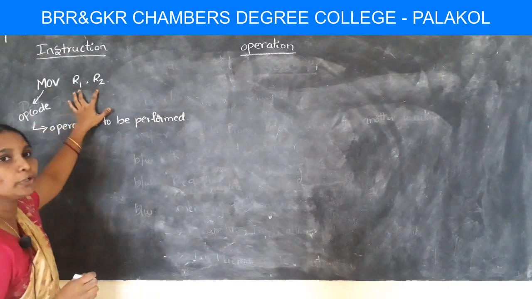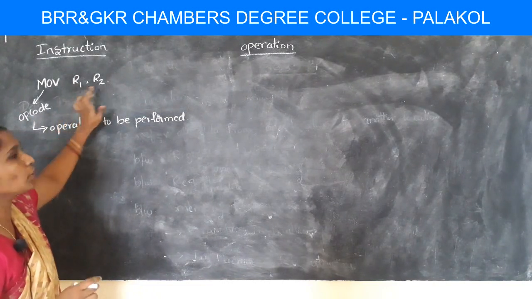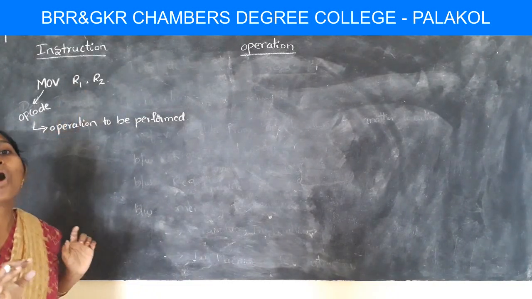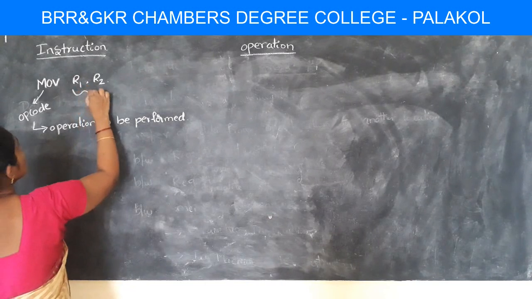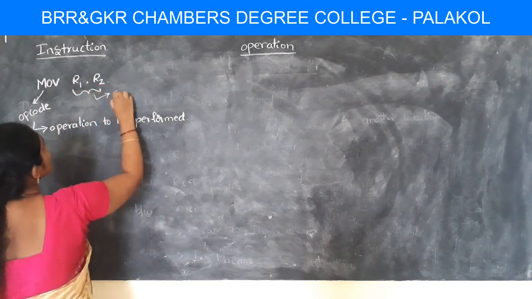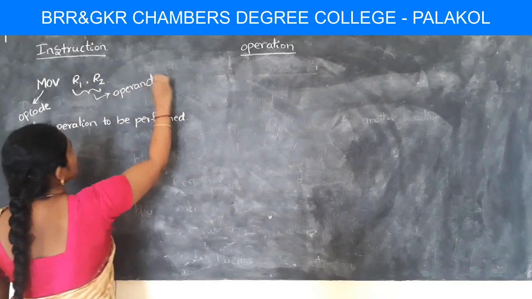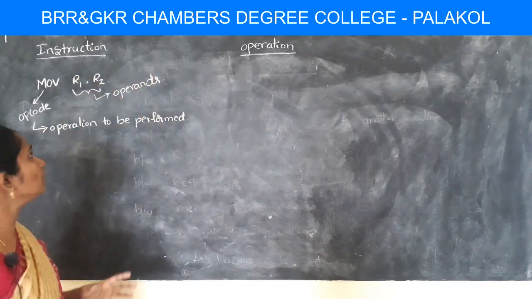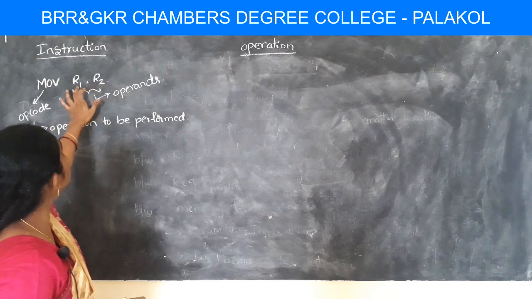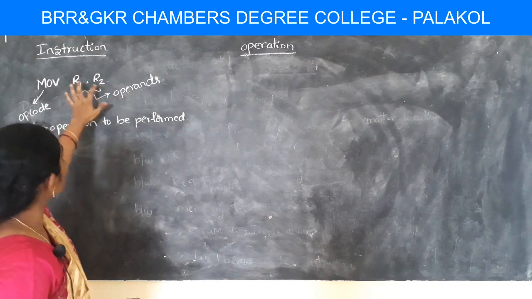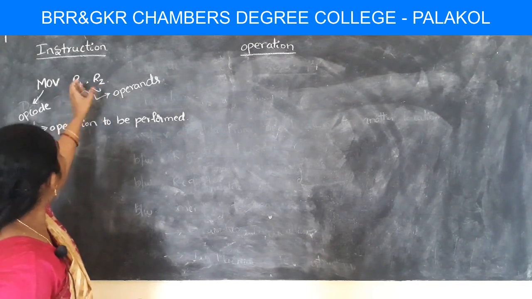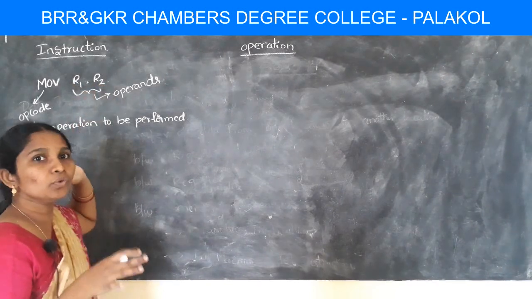So these two, that means R1 and R2 are called as operands. Operands is nothing but, here we are using registers or memories. So what are the data we are using here?